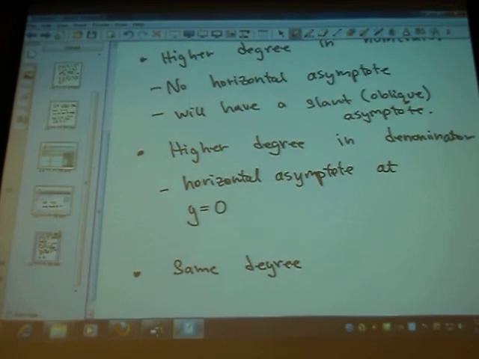Because if you've got a higher degree in the denominator, then the denominator is getting bigger faster. So your fraction's just going to get smaller and smaller and smaller. It's going to approach 0. Y equals 0 is the x-axis. If you see a function that's going towards the x-axis, like the one that we looked at a little bit ago, is it always going to be at the x-axis?